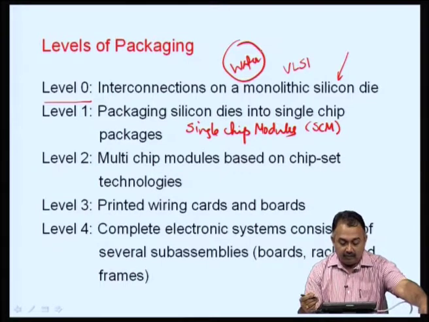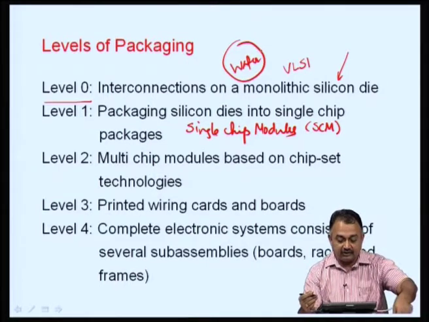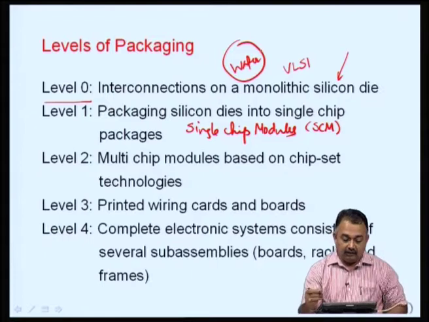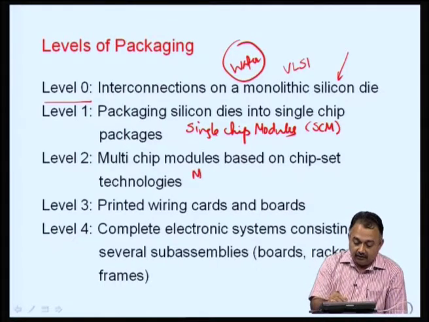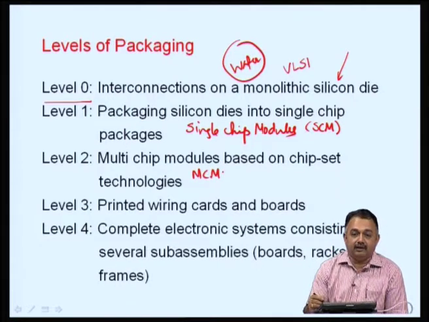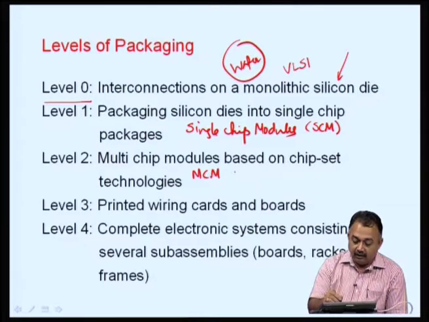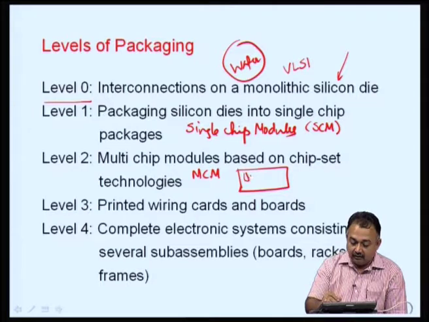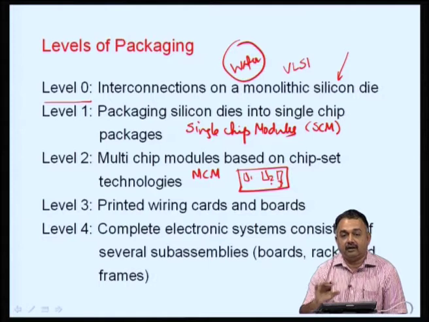Then we have multi chip modules based on chipset technologies. For example, you can build a multi chip module which is abbreviated as MCM. You can take a group of ICs together, IC 1, IC 2, IC 3, and interconnect them on a single substrate or a common substrate, and then interconnect them to form a multi chip module.